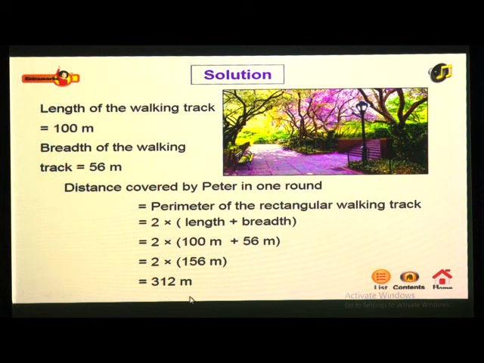Thus, we came to the conclusion that the distance covered by Peter in one round is 312 meter. In the same way, we can say the perimeter of the rectangular walking track is 312 meter. So, whenever we have examples like finding the perimeter of a rectangular walking track or a rectangular table, we can use the formula 2 into (L plus B).